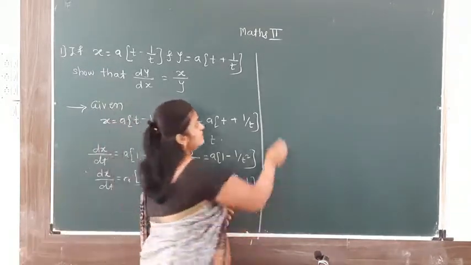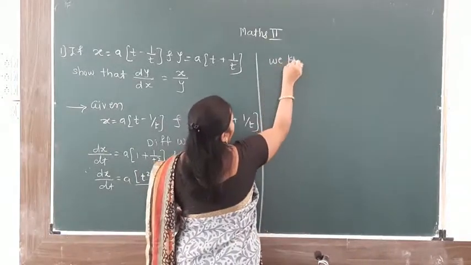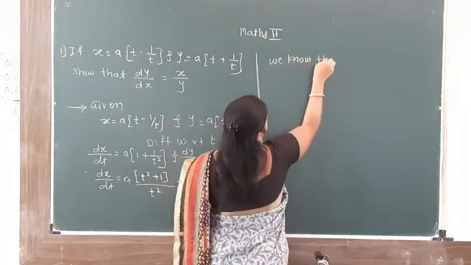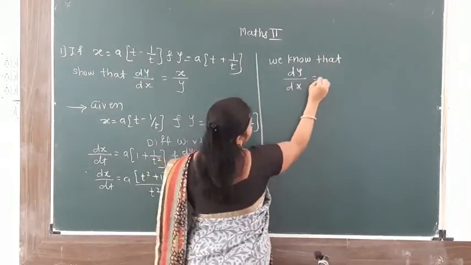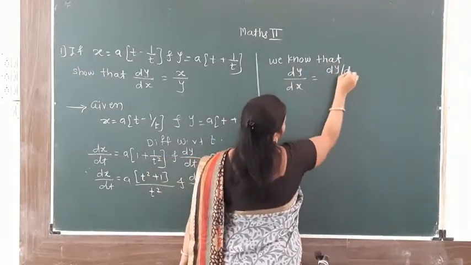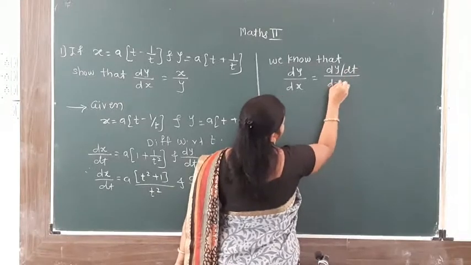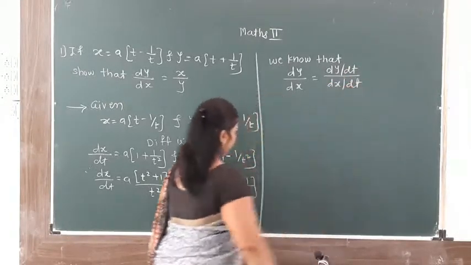Now we know that dy/dx is equal to (dy/dt) divided by (dx/dt). We can substitute these terms here.